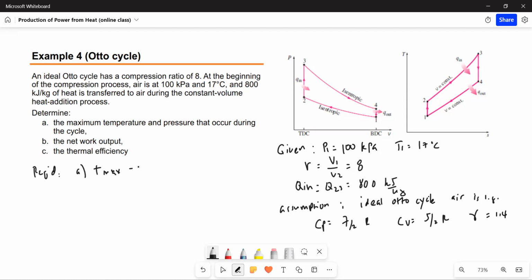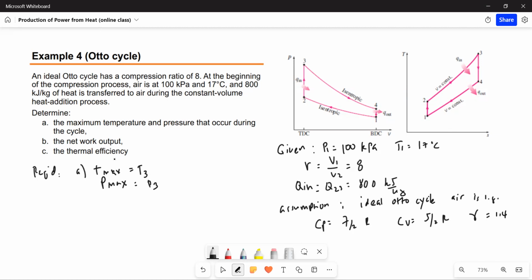Right, it's at state 3, right here, or in the PV diagram, it's here. And P max, where does it occur? It's P3. So we need to know T3 and P3.